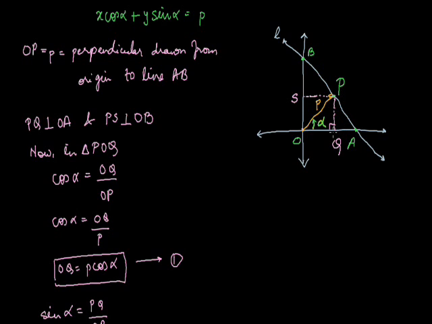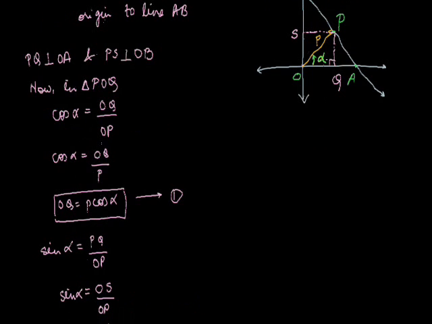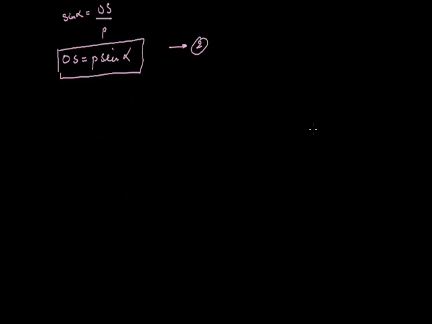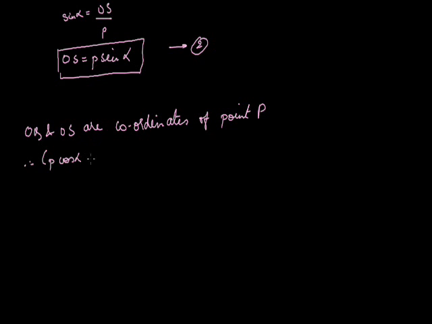So OQ represents my x coordinate, that is p cos alpha, and OS, that is p sin alpha, represents my y coordinate of point P. Hence I can say that OQ and OS are coordinates of point P. Therefore p cos alpha, p sin alpha are the coordinates of point P.